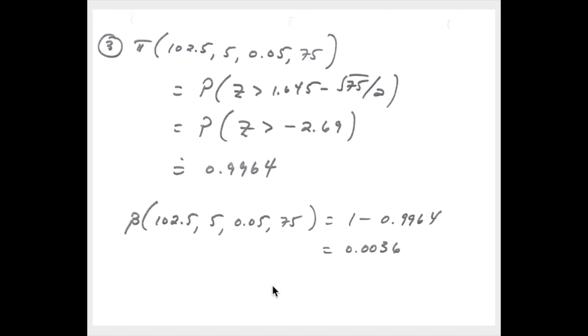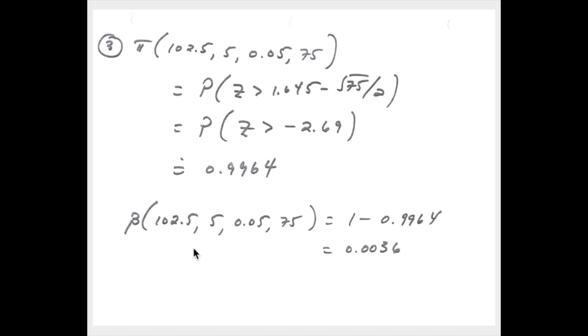And finally, if we increase the sample size to 75 observations, then we are virtually assured of getting a sample that's going to lead us to reject the null hypothesis. There's a very, very high probability that the test is going to be able to detect the fact that the null hypothesis is not true when mu is equal to 102.5. And the probability of a type 2 error when n is equal to 75 is only 0.0036.